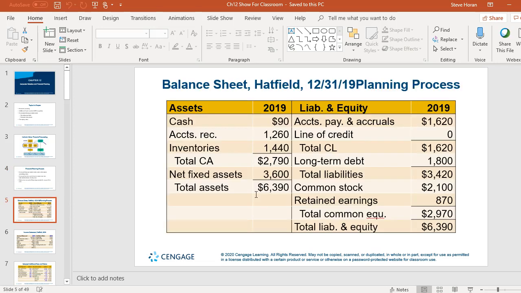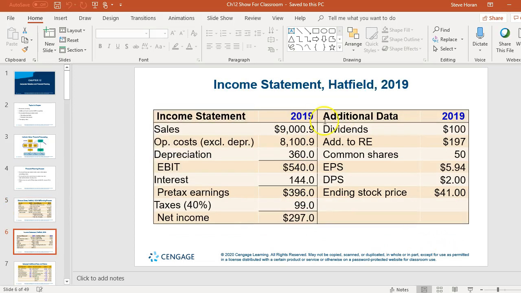The example they're giving us is a company called Hatfield, and they've got their balance sheet right here. You can see both sides balance, probably in the millions, at $6,390,000 on both sides. We also have their income statement. You can see that they were profitable, $297 on $9 million worth of revenues, operating costs and so on.